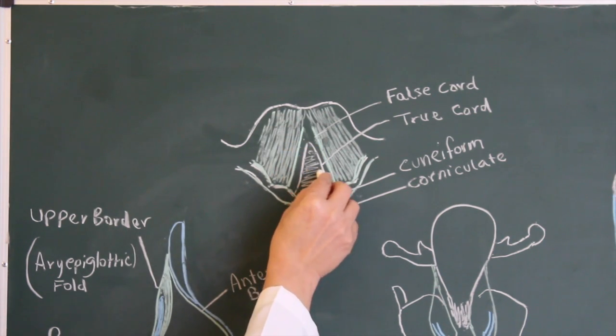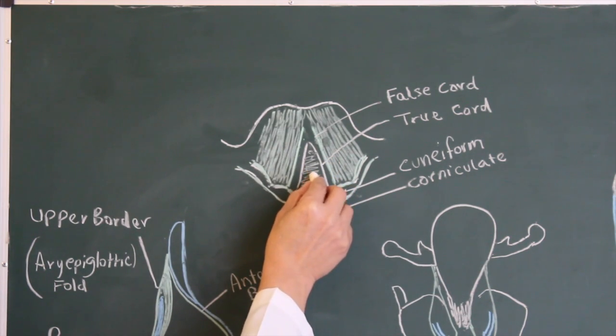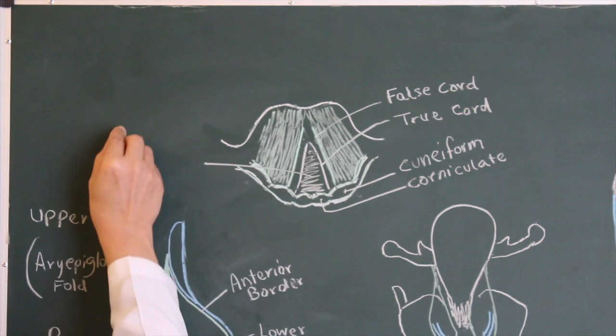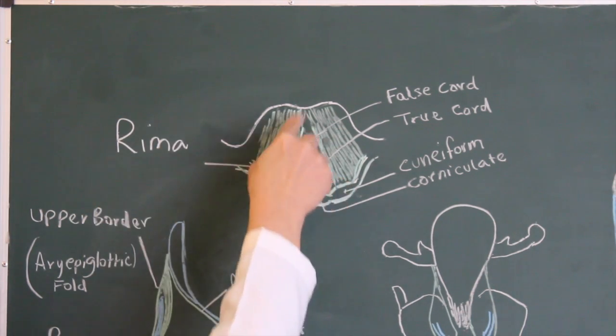The space between the true vocal cords is known as the rima, because it looks like a rim.